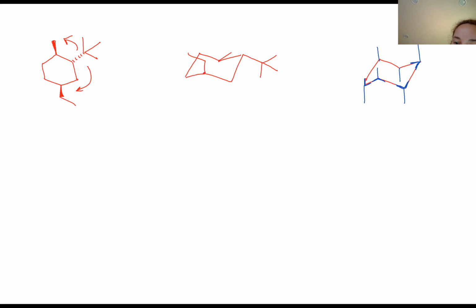And then your equatorial positions are always going in the opposite direction of the axial. Does that make sense? So when I'm looking at a carbon and I'm trying to decide, if I want to go down, well, the axial's up, so down is equatorial.